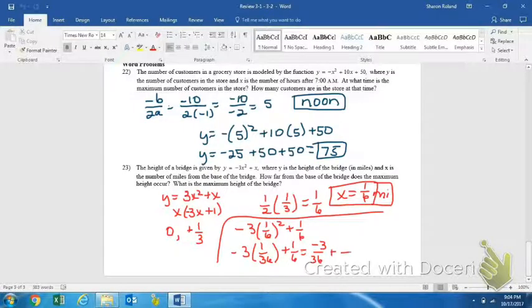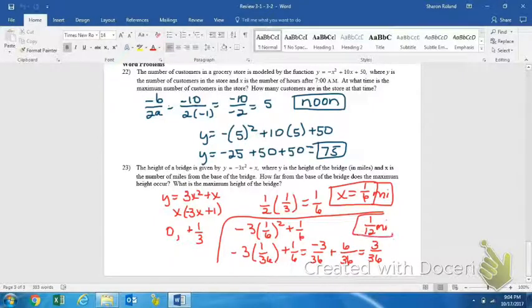I'm going to put 36 in the bottom here because we have to have a common denominator in order to combine them. 1/6, if I change 6 to 36, I have to change 1 to 6. And when we combine these, you have 3 over 36, which reduces to 1/12 of a mile.